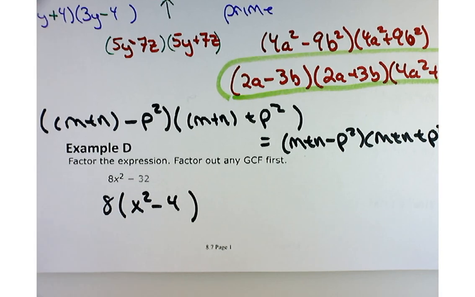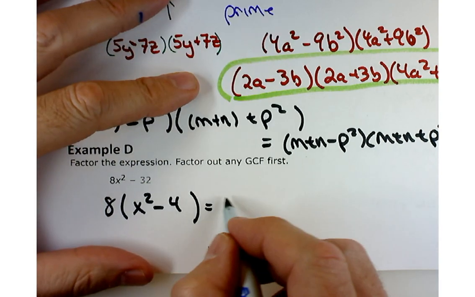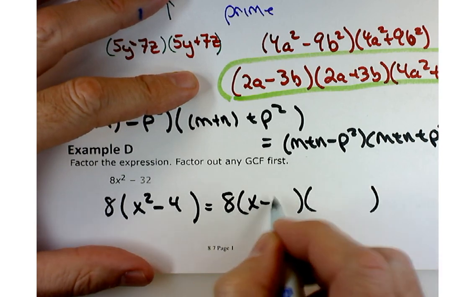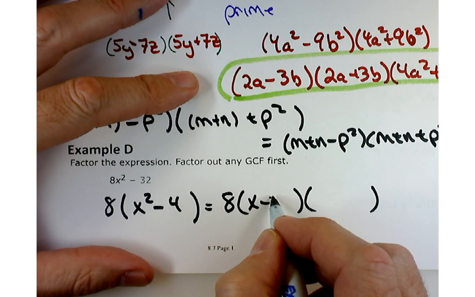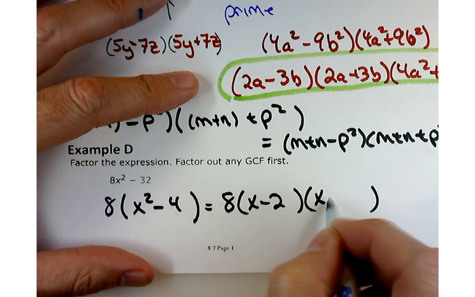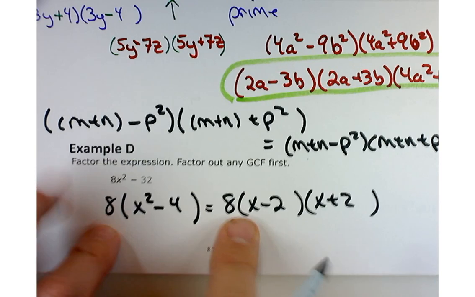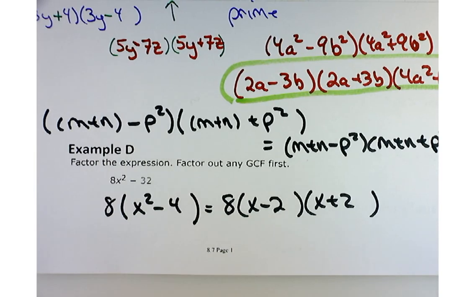Great. Now I'm done, right? No? What else? Emmy? It would be 8 times x minus 2 and then x plus 2. Perfect. So once you factor out the 8, you leave that 8 alone, and then you finish it off as the difference of squares. Beautiful.